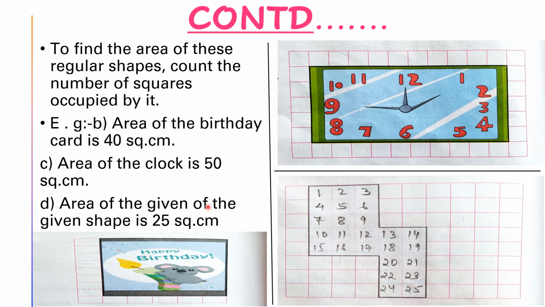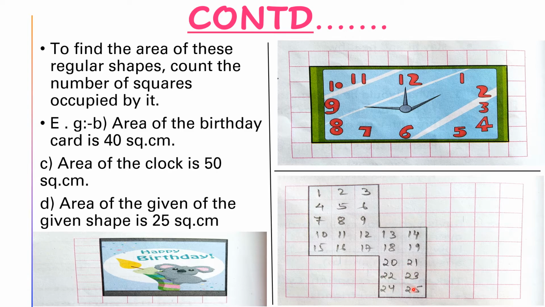Example D. Find the area of the given shape. As you can see in the picture, the shape has been traced on a graph paper. We need to find the area of this shape. To find the area of this shape, count the number of squares occupied by it as 1, 2, 3, 4, 5, 6, 7, 8, 9, 10, 11, 12, 13, 14, 15, 16, 17, 18, 19, 20, 21, 22, 23, 24 and 25.